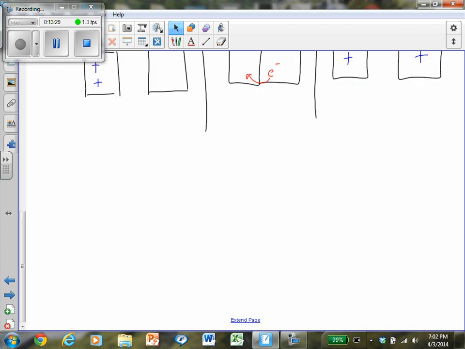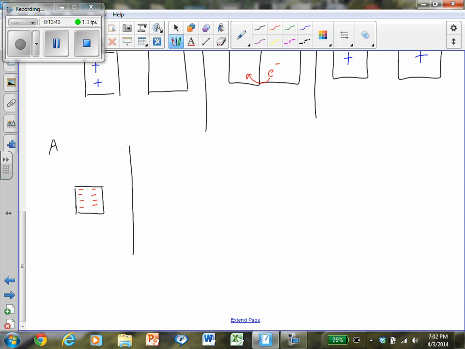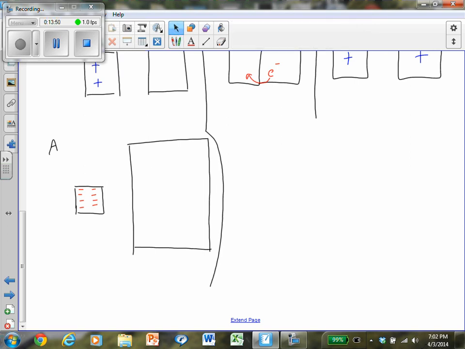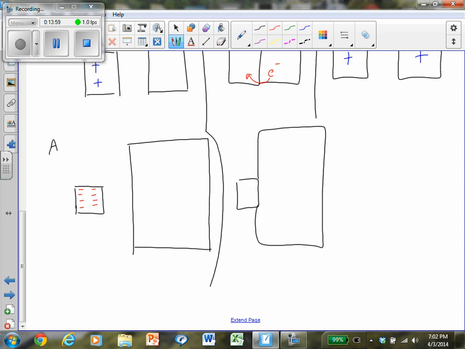Check out this example where we take a small item with some charge and a big item. Based on the area of these is how the charge will redistribute itself, okay? So we know when they touch that the electrons are going to transfer over, but how many transfer over?